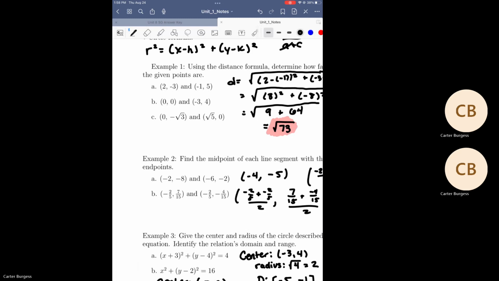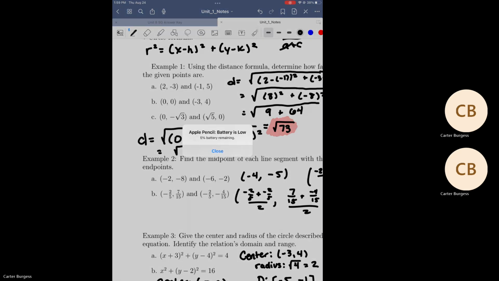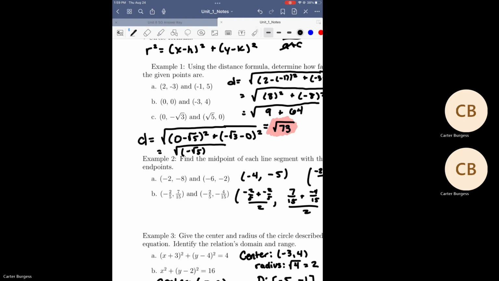Distance formula here, this is going to be that the distance is equal to the square root of, in parentheses here, I'll say 0 minus √5 squared plus -√3 minus 0 squared, which is going to give me the square root of -√5 squared plus -√3 squared. -√5 squared is just what? 5. -√3 squared is 3.